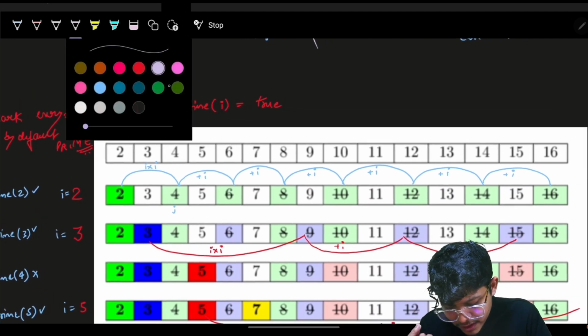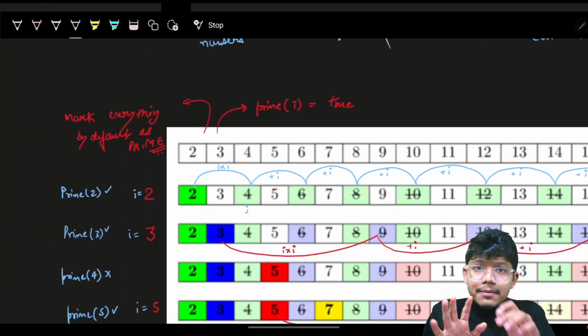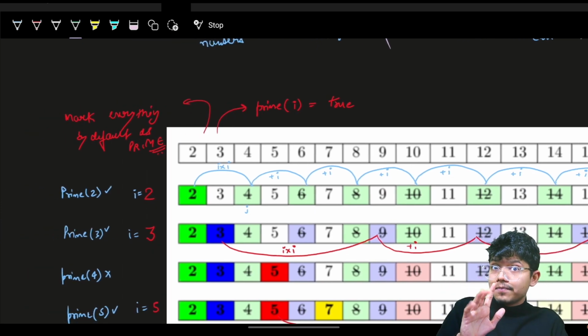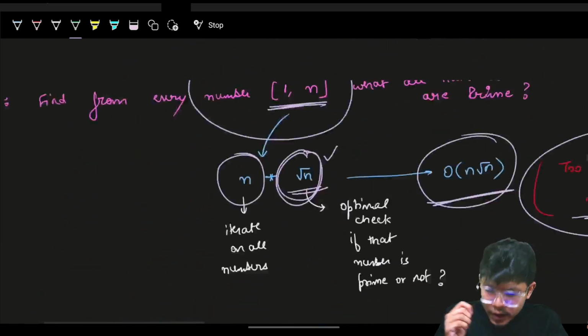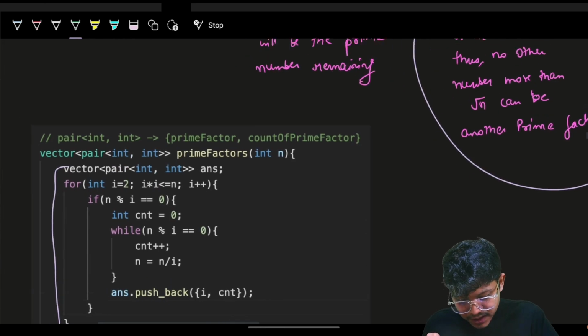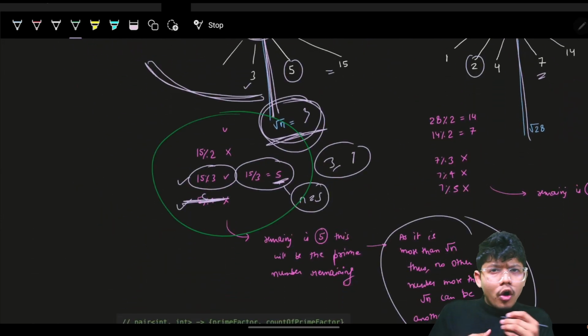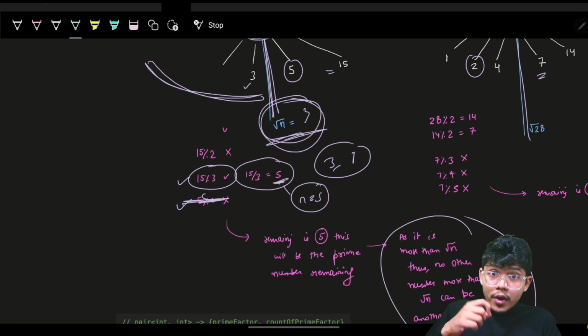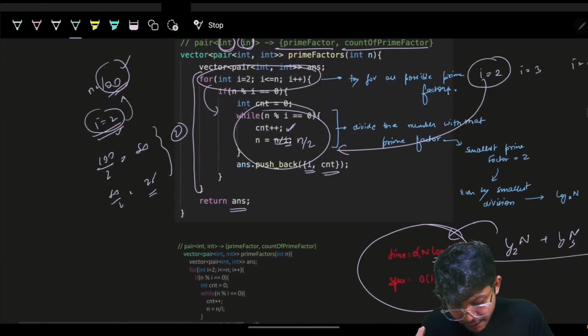So what I will do is, by default, let's imagine all the numbers are prime. But how did you think of that? If you remember, in the previous approach I was going and trying for all the numbers. Let's say I was trying for number 2.